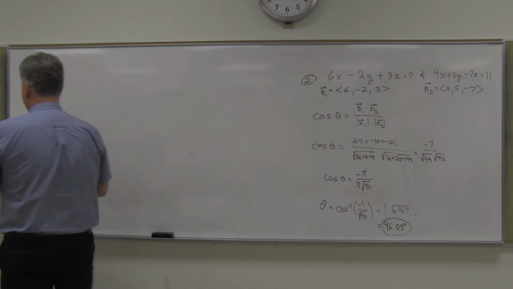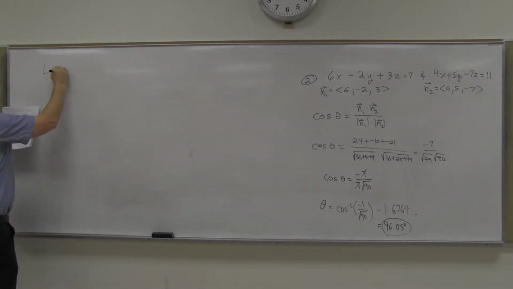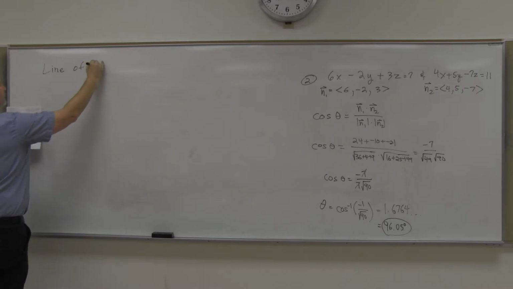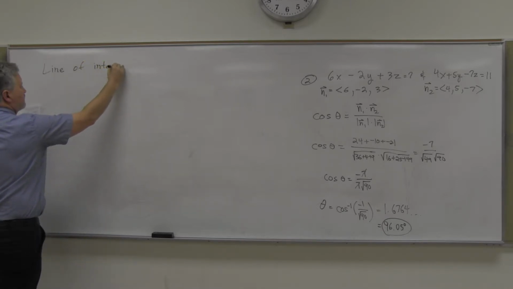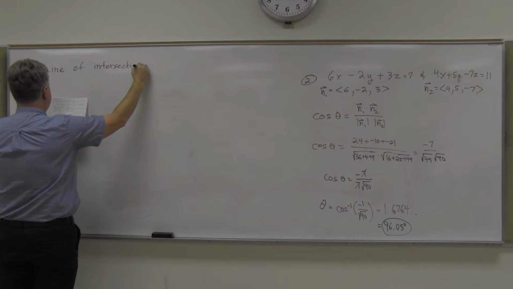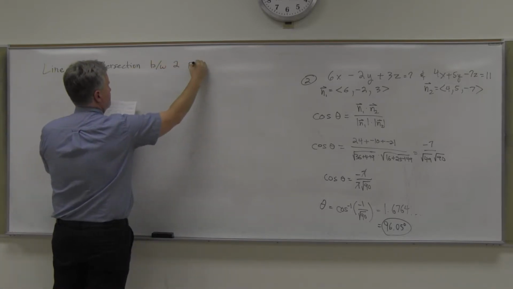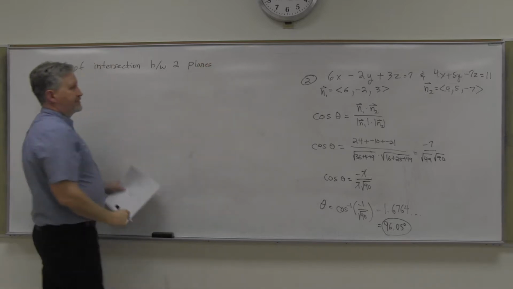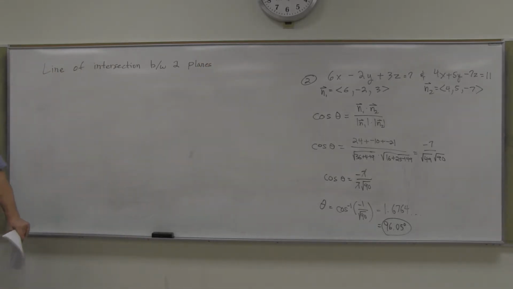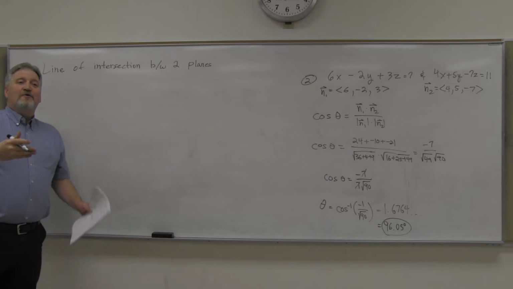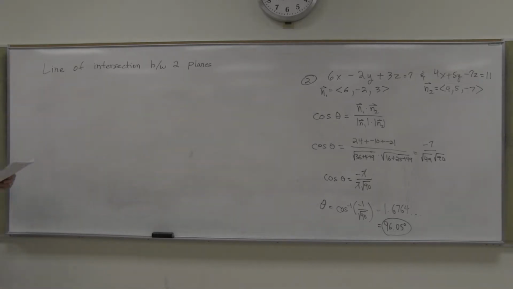Or look at this, the line of intersection between two planes. So we found the angle between two planes. What if we wanted to know where two planes intersected?